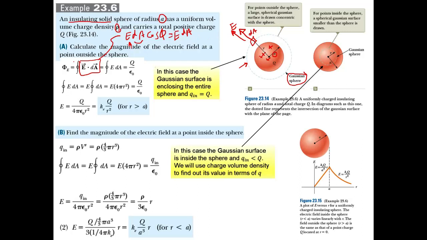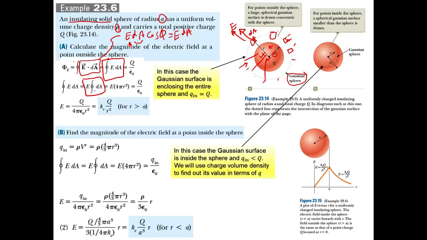Doesn't matter if you take dA here, or here, or anywhere, the angle between all these dAs and the electric field is still equal to 0, which means our integration will be very easy. Also E is constant, so electric field here, here, here, they are all constant because they all have the same distance from the sphere, which means E will go out from the integral.